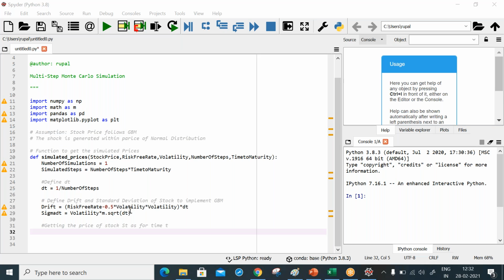Okay, getting the price of stock S_T, as for time t.